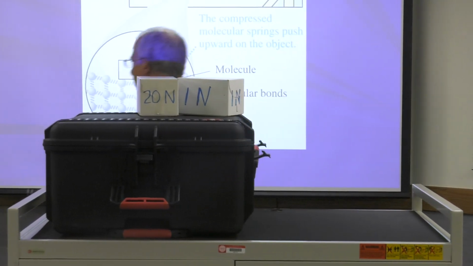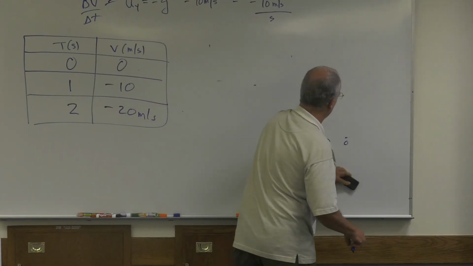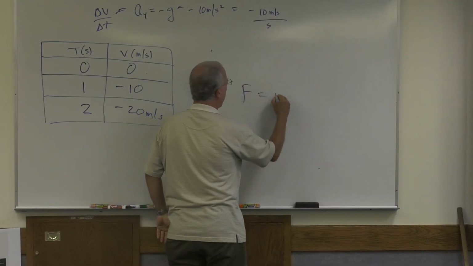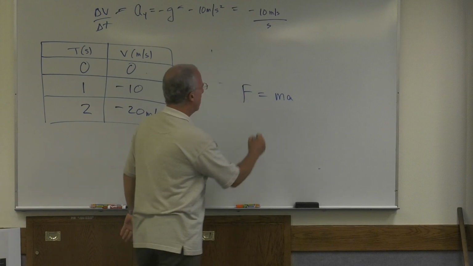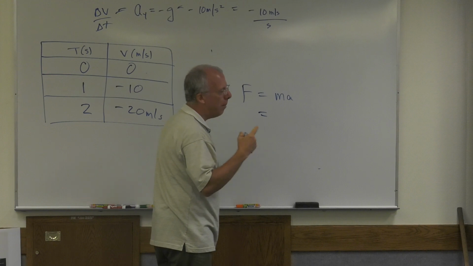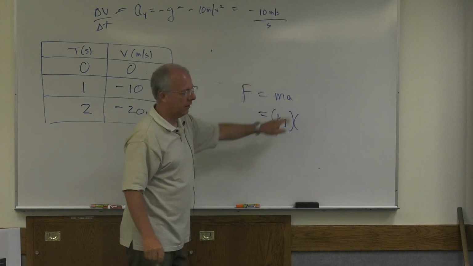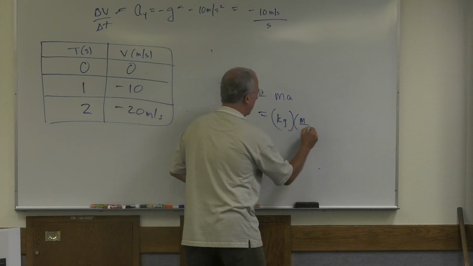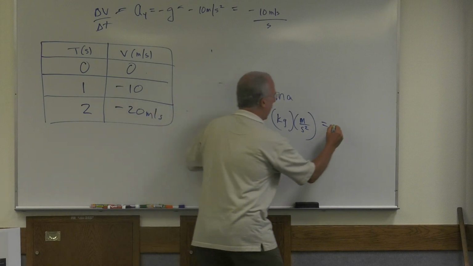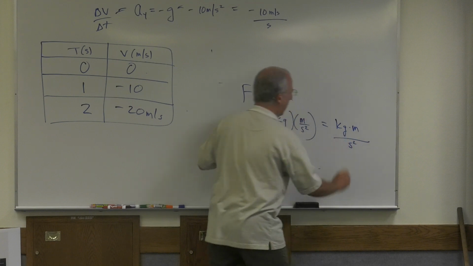Oh, one thing I forgot to say, very important: units. F equals ma is in magnitude. The units of mass are kilograms. The units of acceleration are meters per second squared. So the units of force are kilograms times meters per second squared.